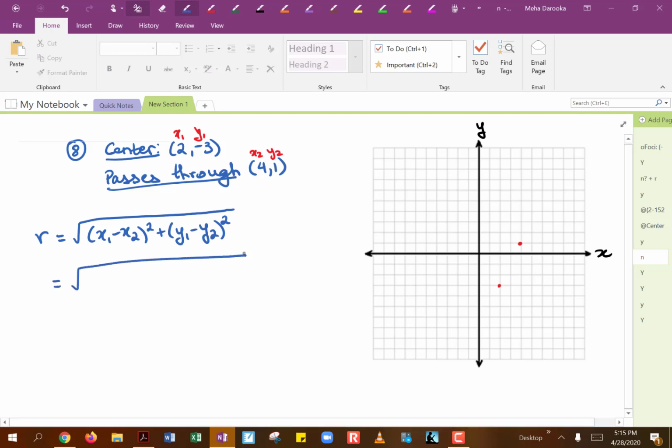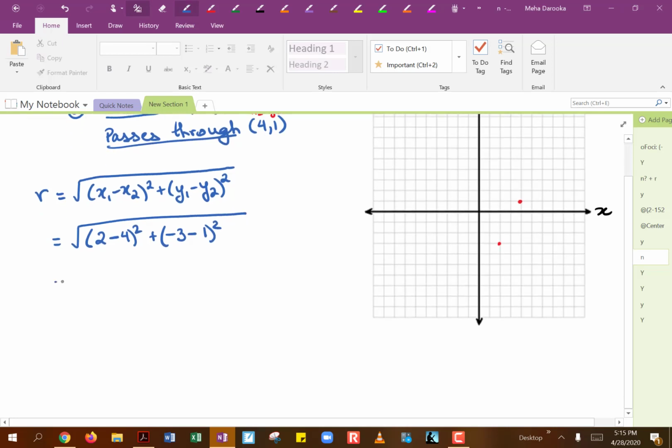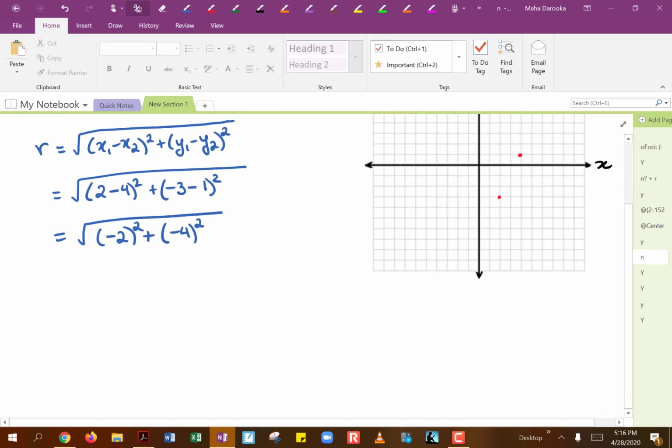So this will give us x1, which is 2, minus x2, which is 4, squared, plus y1 is negative 3, minus y2 is 1, squared on the whole thing. And you will end up getting 2 minus 4, which is negative 2 to the second power, plus negative 3 minus 1 is negative 4, again raised to the second power.